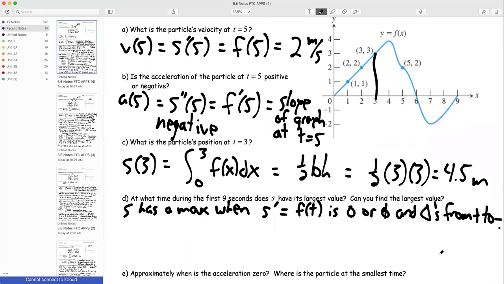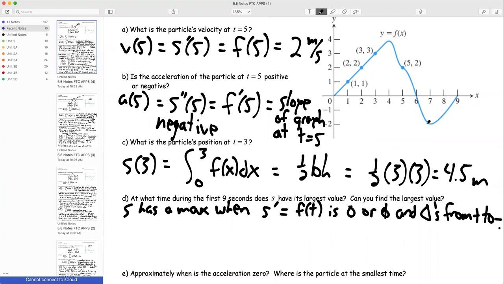So let's look at the graph. Okay. The graph is not undefined. The graph is equal to 0 at 6. Does it change from positive to negative? Yes, it does. Therefore, I have a local max there.